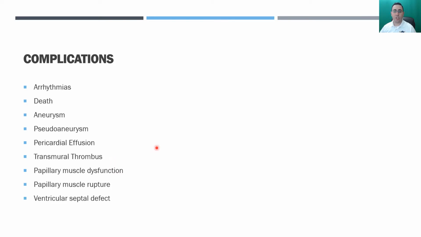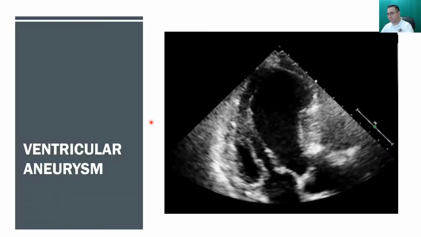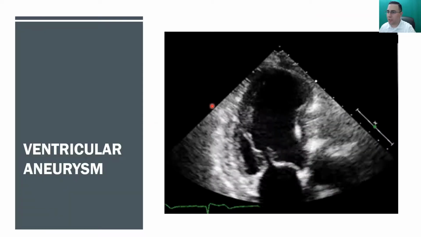Papillary muscle dysfunction, papillary muscle rupture, that can lead to mitral insufficiency, and ventricular septal defect, because remember, we have ventricular septal defects that are related to congenital problems, right? But this one is because, in plain words, the interventricular septum is just going to break. Boom, it happens.